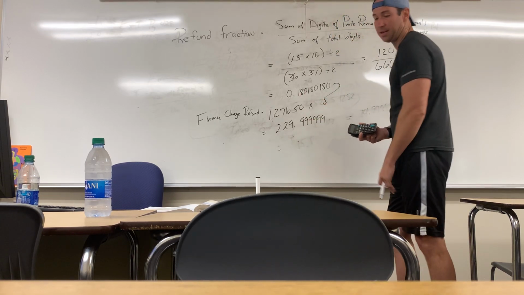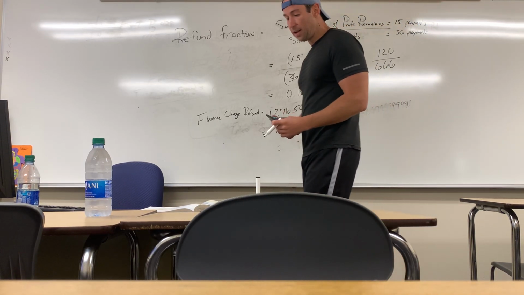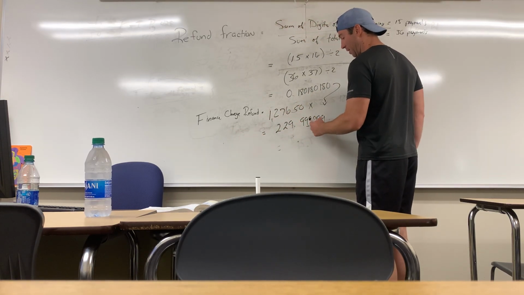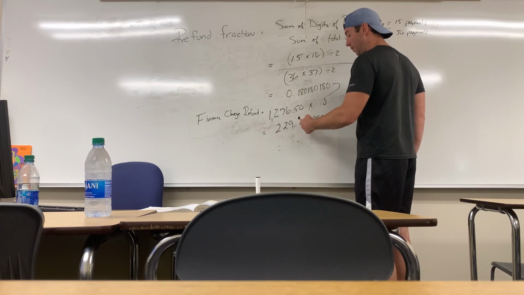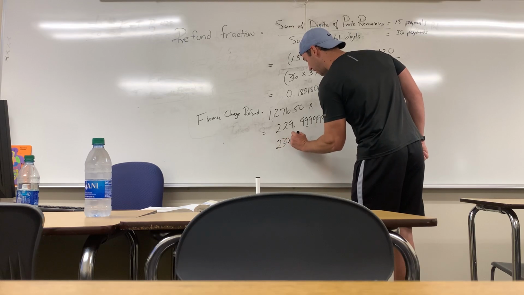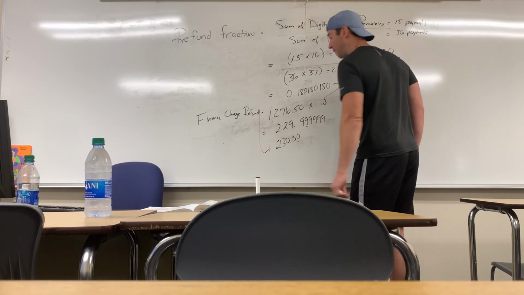All right, as many nines as we can come up with. And of course, we're going to have to round this to the nearest penny. So we look at the penny spot. This is greater than 5, so we round up. That would round to $230 even as your interest refund.